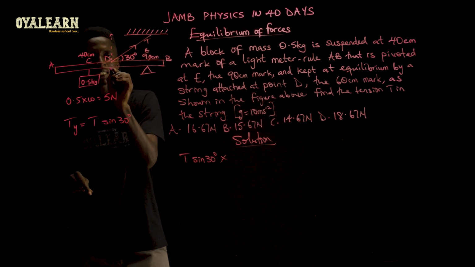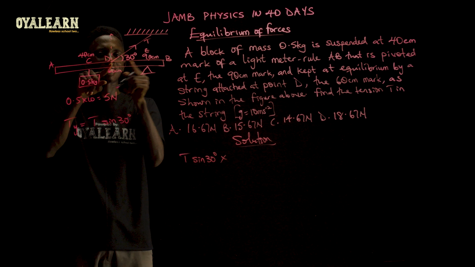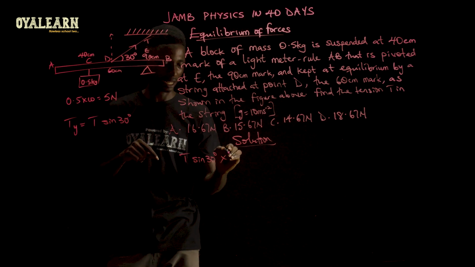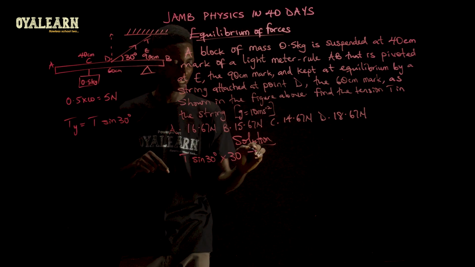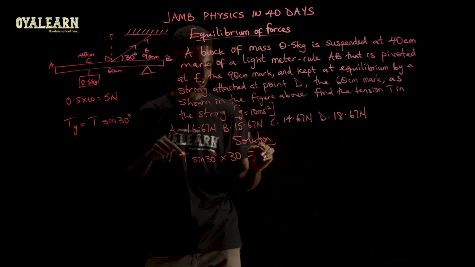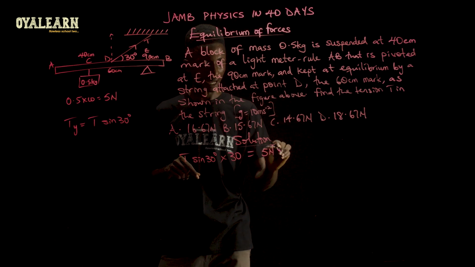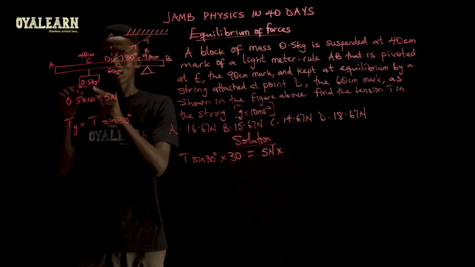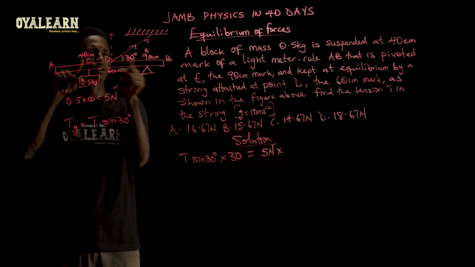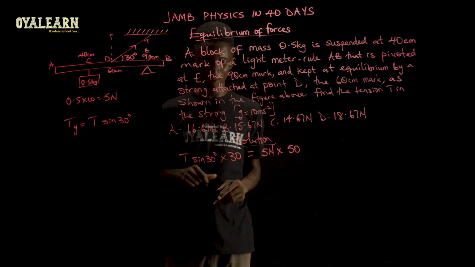So the difference here is 30 centimeters. We multiply that, and this equals, on the other side, 5 Newtons multiplied by the distance from C to this point, which is 90 minus 40, that's 50. So what we have here is 50 centimeters.